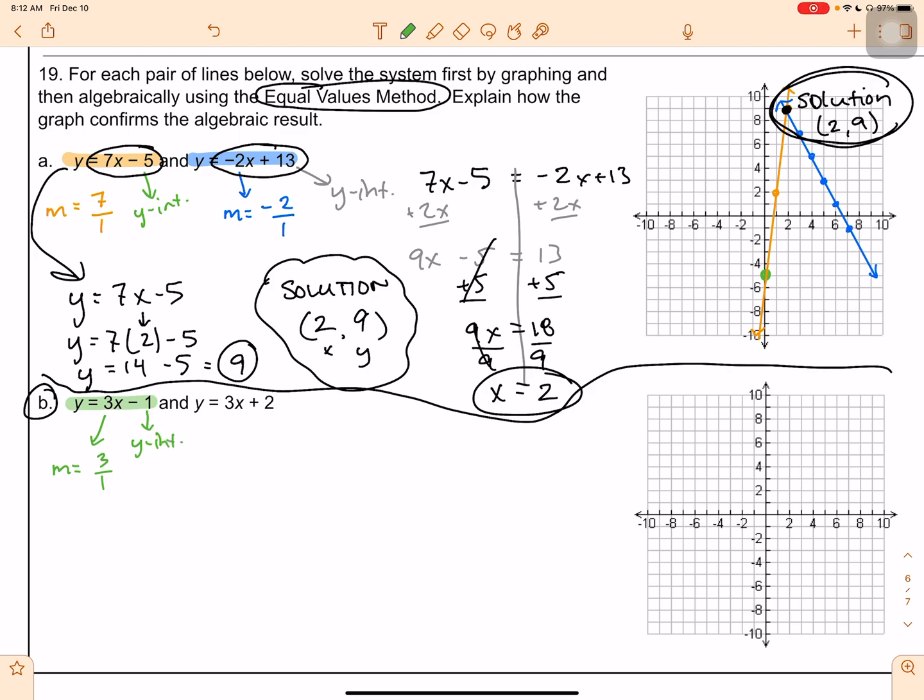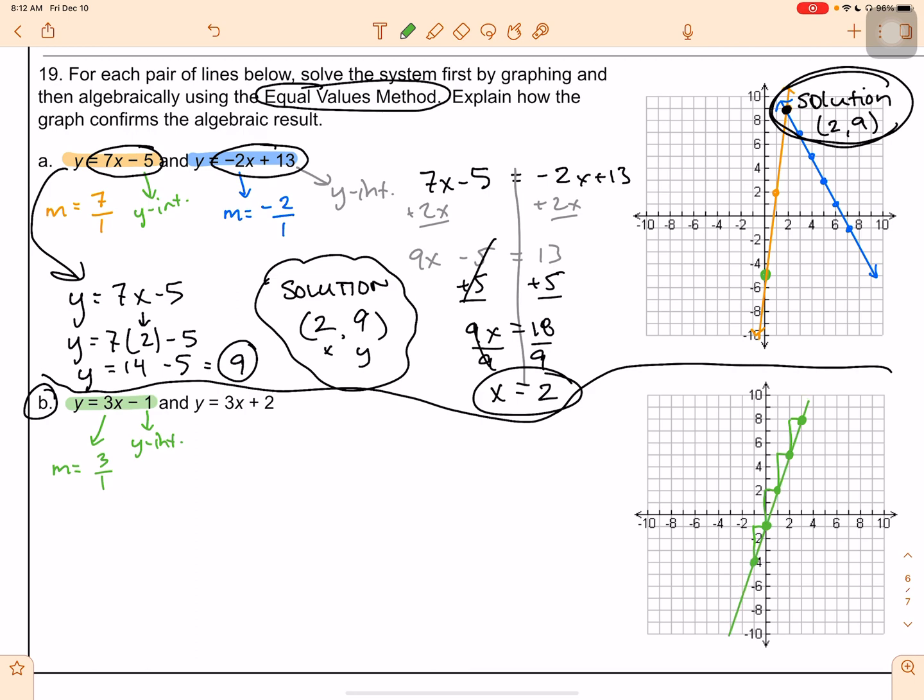So I'm going to plot the negative 1 first, and my rise is 3, my run is 1. That's where I'm putting the point. Now I can even go backwards if I wanted to draw my line.